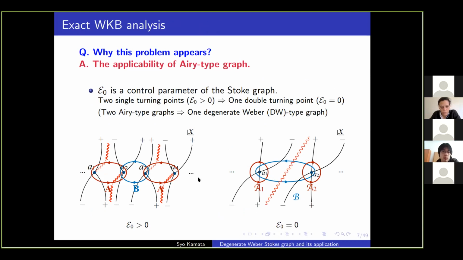For example, if you consider triple Weber and so on, it has 3, 4, 5 more. Eventually, once you choose this parameter, it's going to be like this one. So in this sense, this is a kind of small extension of this kind of graph, as far as solving this quantization condition problem.